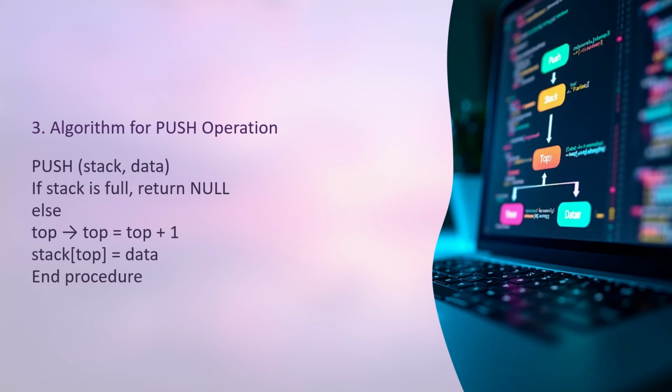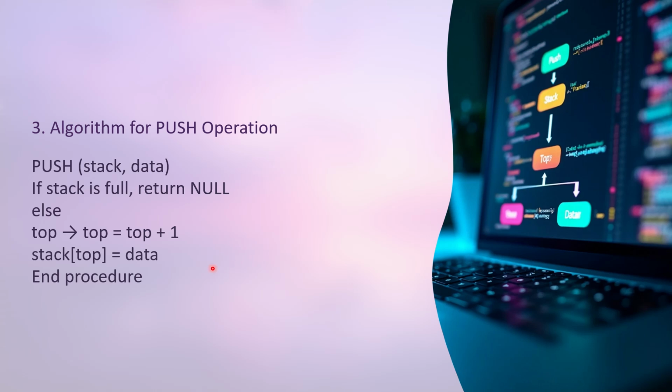Now let's see the algorithm for push operation. It's very simple. First, we check whether the stack is full. If it is full, then we return null. That is, we won't be able to insert any element into the stack. Otherwise, we increment the top pointer by 1. Actually, top is a pointer that indicates the position of the most recently inserted element in the stack.